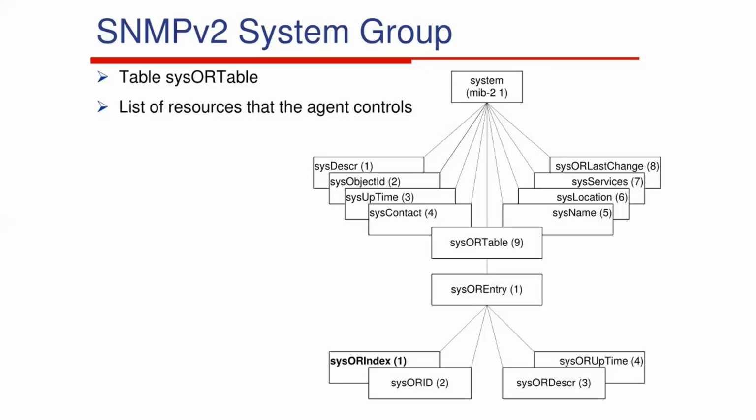Then what is that? Better error handling. This is a very important one, a drawback and limitation in version 1. Error codes are very limited in version 1, but in version 2 the error status is very advanced. It includes no error, too big, wrong type, wrong value, no creation, not writable, commit failed, inconsistent value.